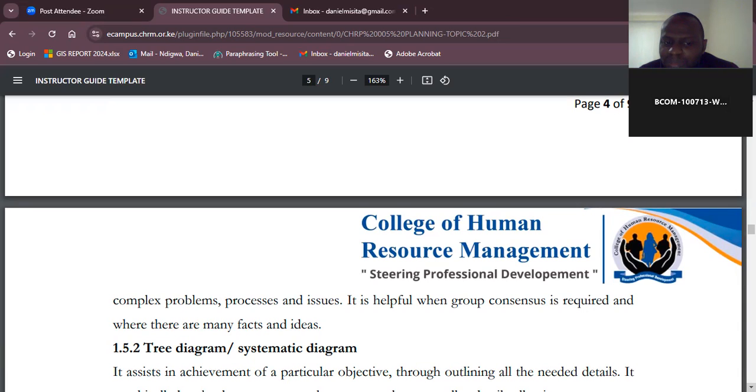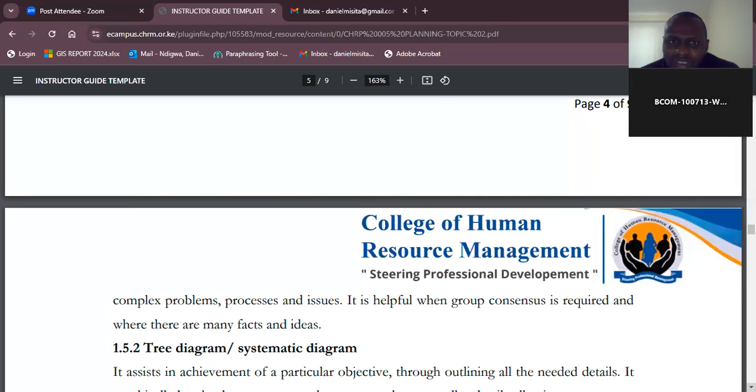Then it also helps to streamline processes and various issues that might affect a particular activity. Therefore, it's just a matter of trying to brainstorm amongst the groups so that at the end of the day, you can come up with a consensus. Later, I'll be able to show you how the diagram looks like. Then you shall relate to it.